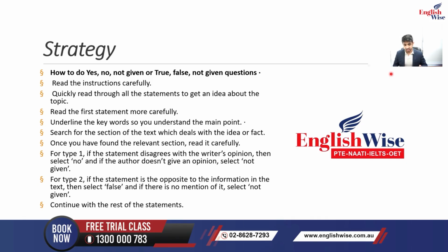Once you find it, figure out whether it agrees with the opinion of the author or not. If it is exactly the same as the author, it's going to be true or yes for you. If it is not given to you, then it's a not given for you. And if it is exactly the opposite, it's going to be false for you.